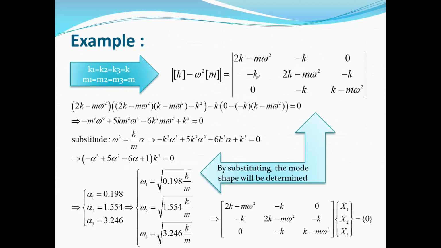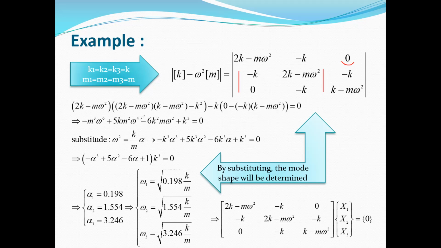It is this component multiplied by the determinant of the small matrix, this component multiplied by the determinant of this matrix, and finally this component, which is 0, multiplied by the determinant of this matrix.